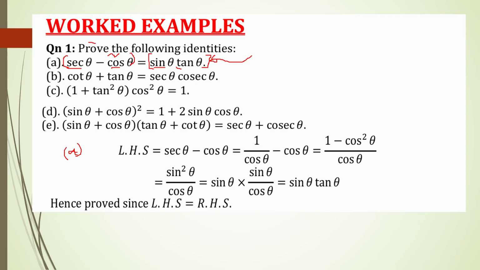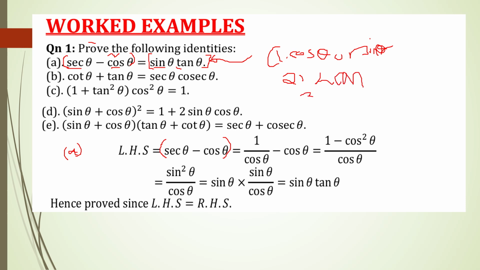So for part A, sec theta minus cos theta, we are going to be simplifying the left hand side. Now notice that when you're simplifying or proving, you have to convert everything in terms of cos theta or sine theta. That's the first thing. In case you're having fractions, always make sure that you find the LCM.